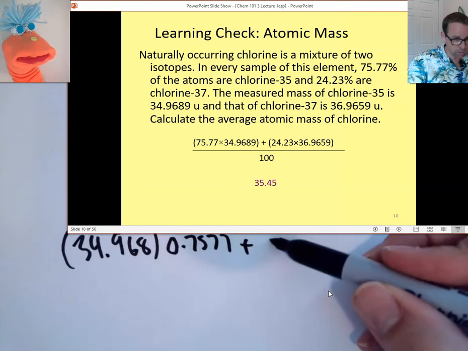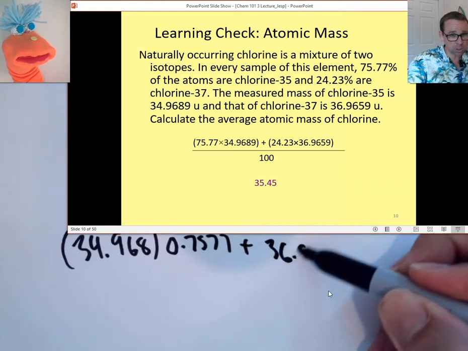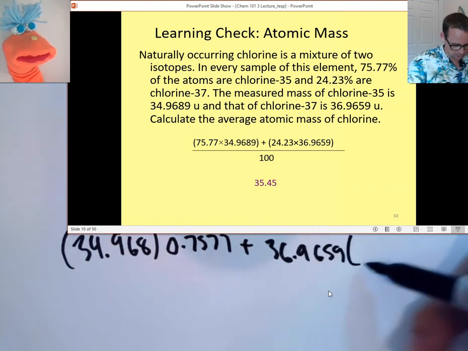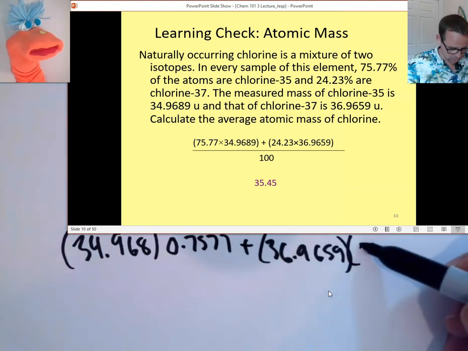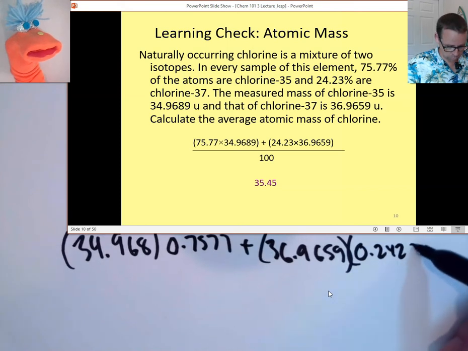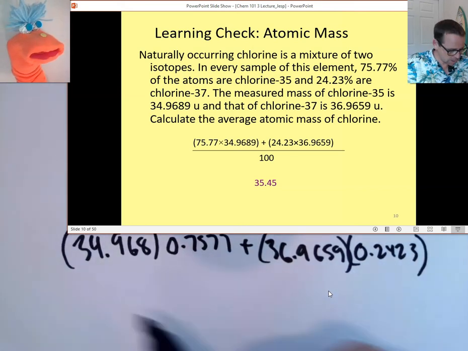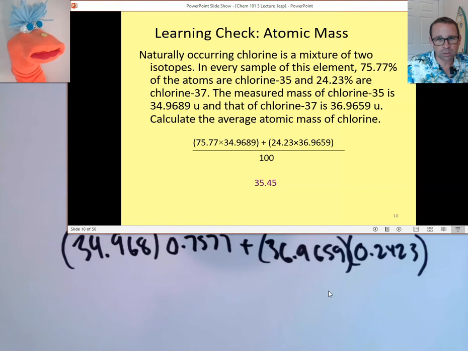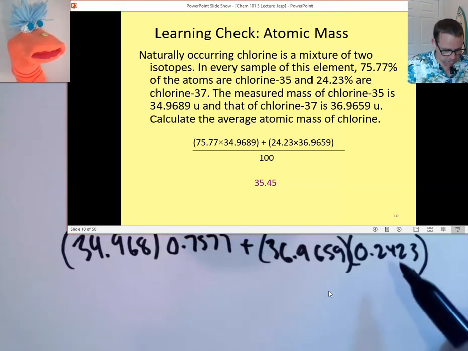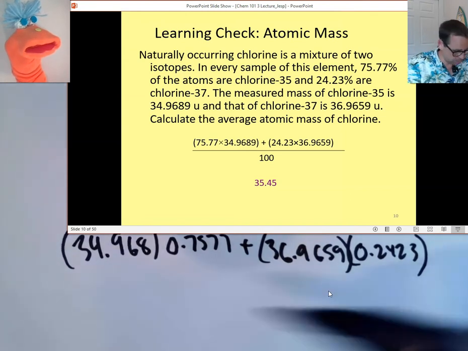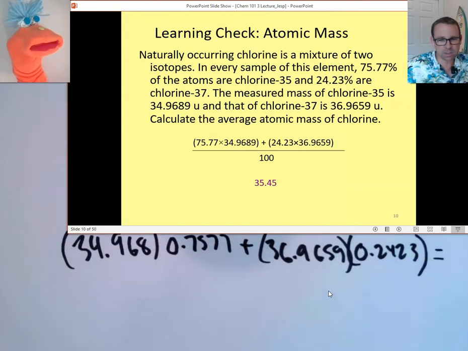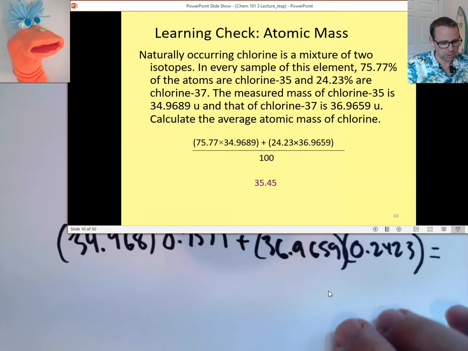And then you add that to the mass of the other, 36.9659, and multiply it by, again, instead of the percentage, the fraction, 0.2423, right? And then you don't have to divide by 100. You could just think of it as only out of 1, because these are just a fraction of all of them. So you could divide by 1 if it made you feel better. But the result there would also be the correct value. Okay? Very good.